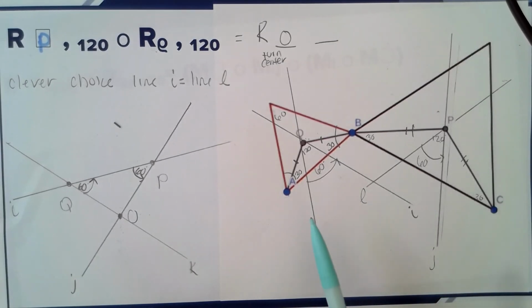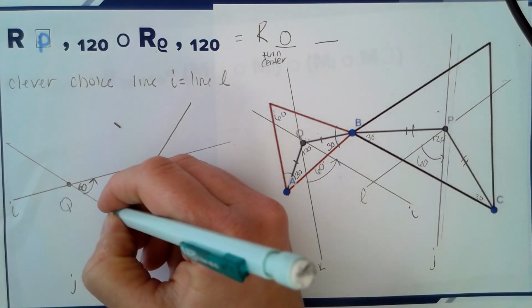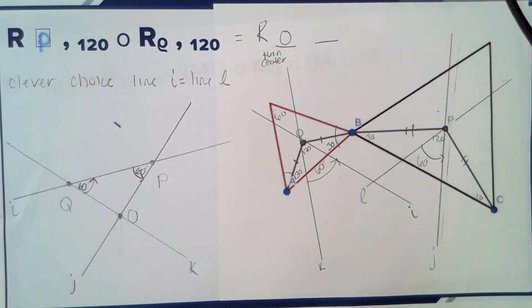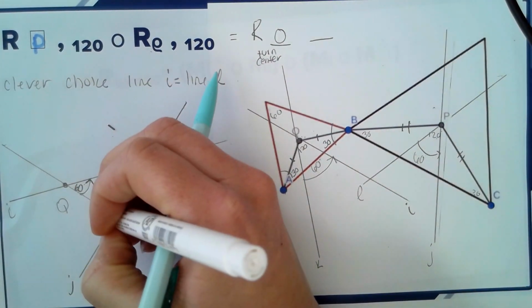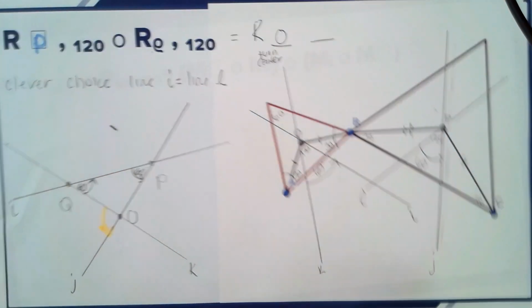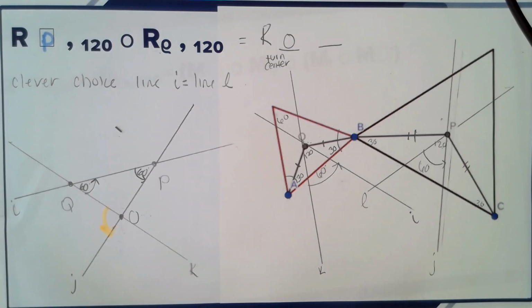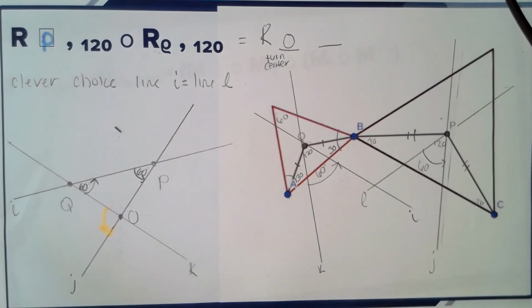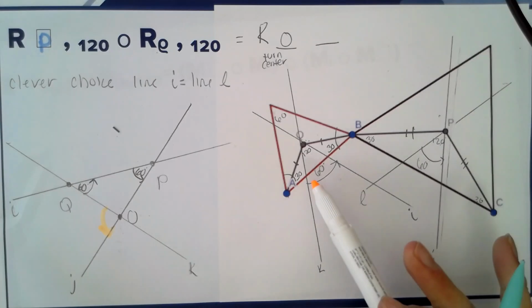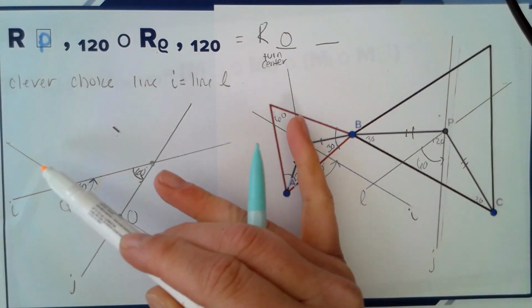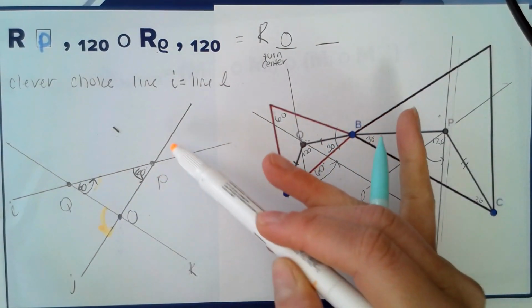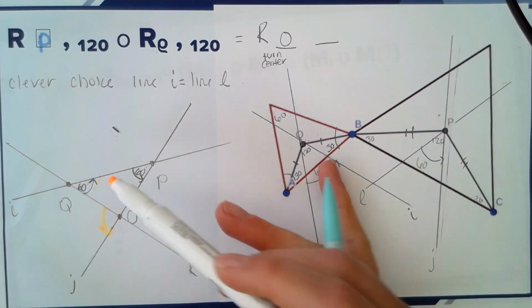It looks like we went over K first, so we are going for this angle, because we have to go from K to J. That's the order of reflections, over K and then over J. Also using my angles, I know I'm going this way.